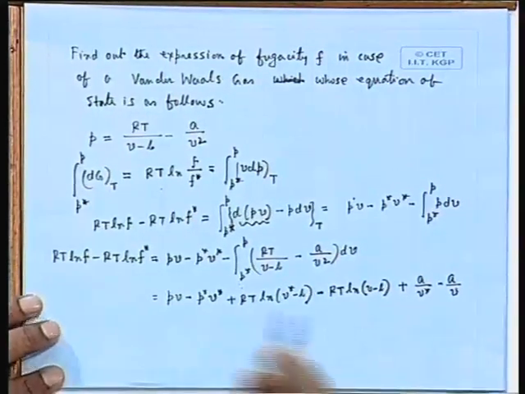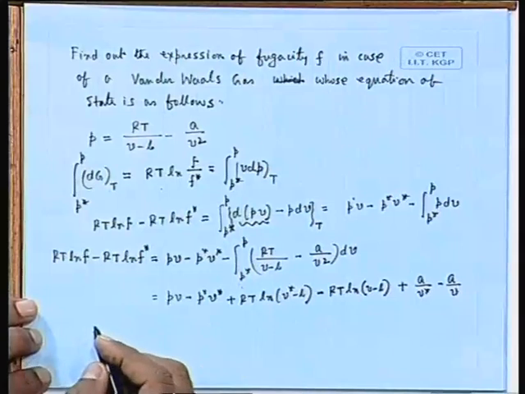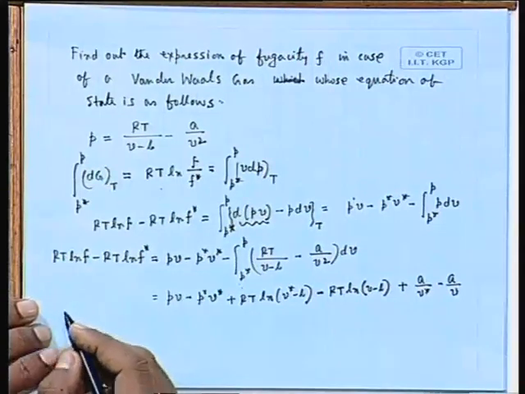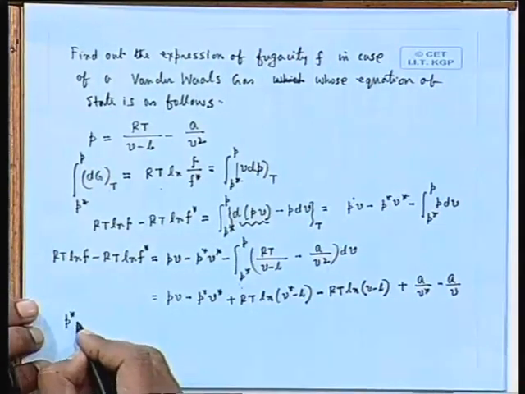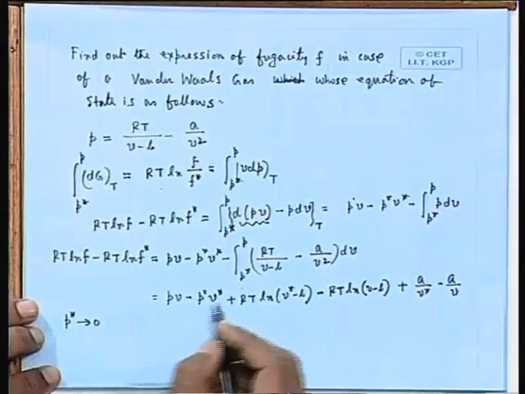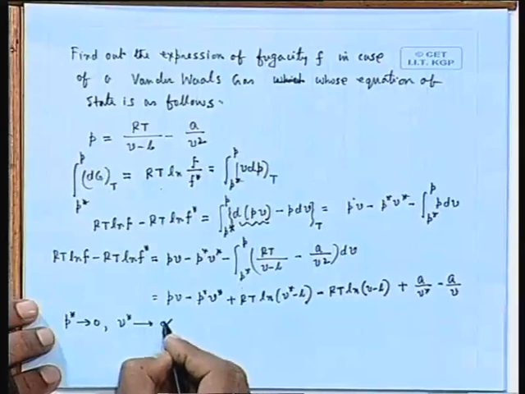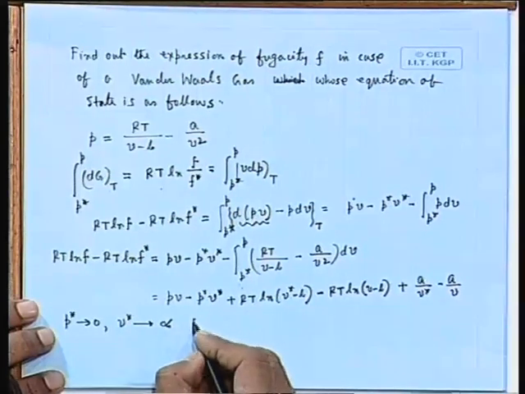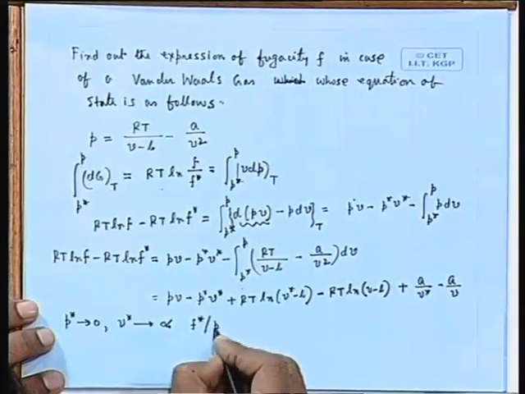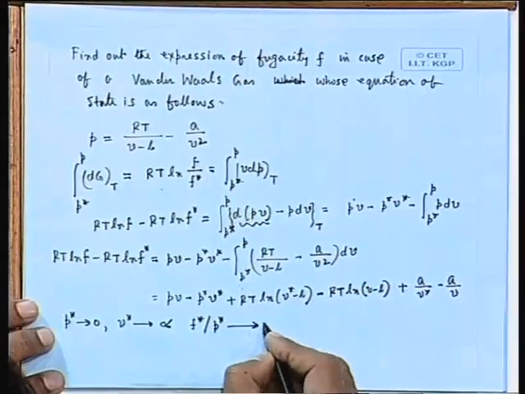Now we use a certain relationship. As P star tends to 0, the reference state pressure is very low, then V star tends to infinity. And one thing is that f star by P star tends to 1.